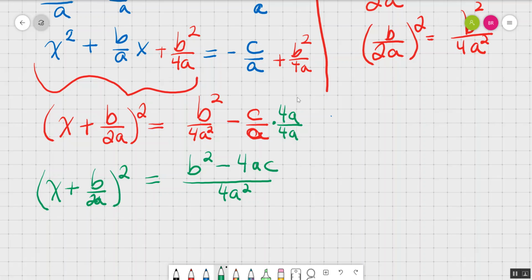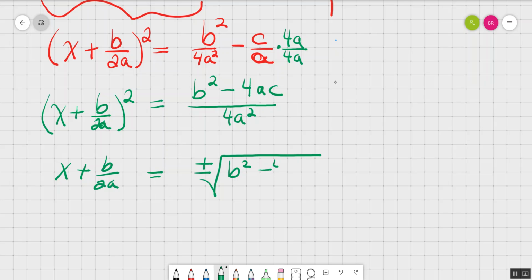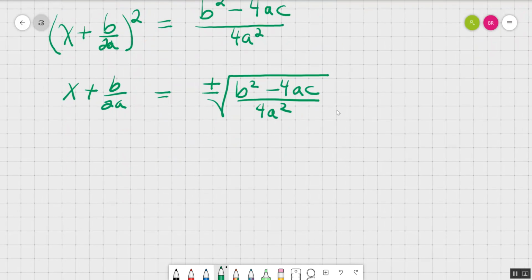All right, and here's where you're going to use the square root property, and this is where it gets a little bit more wild. So this means that x plus b over 2a equals plus or minus the square root of b squared minus 4ac all over 4a squared. Now I'm going to split this root.